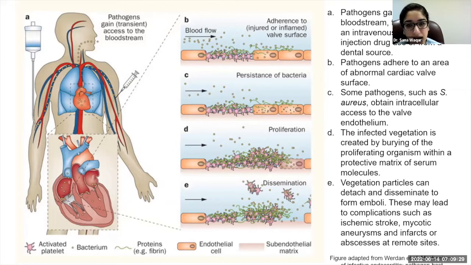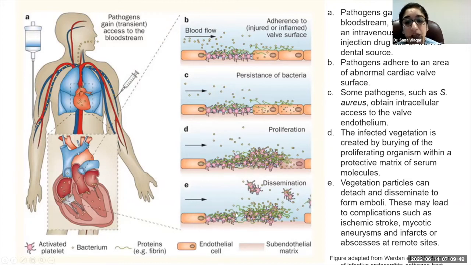Once it sticks to that damaged endothelium, there's proliferation with fibrin matter and the endothelial cell platelet complex, and this is what results in vegetations. This collection of debris is what results in a vegetation.